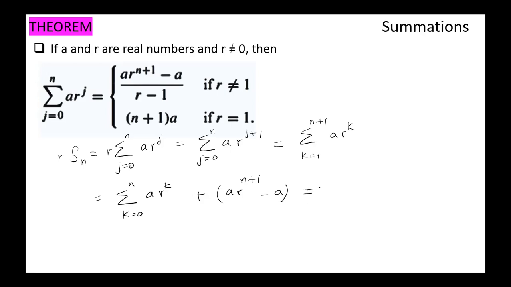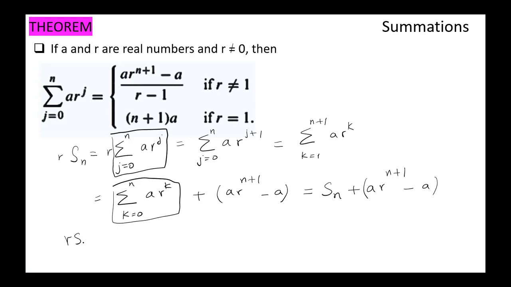This equals S_n. These two parts are equal, plus a r to the power n plus 1 minus a. So r S_n equals S_n plus a r to the power n plus 1 minus a.